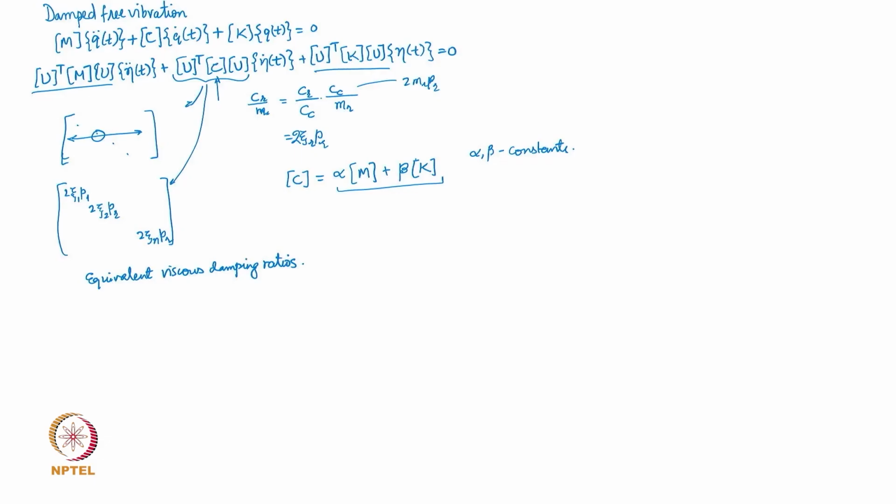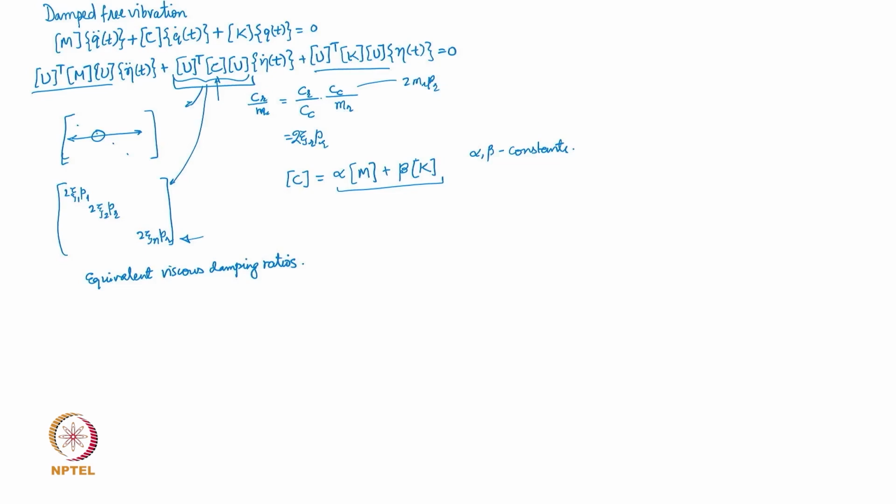So one way is the modal damping, where all the diagonal elements of this product are treated as modal damping ratios, of course 2 zeta r Pr as the individual diagonal elements of the damping matrix.